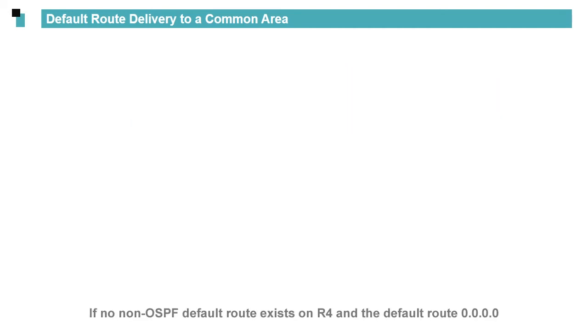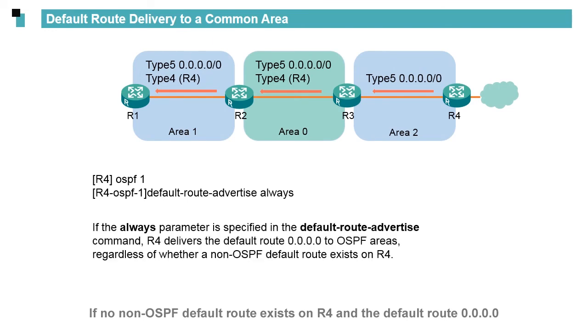If no non-OSPF default route exists on R4, and the default route 0.0.0.0 needs to be advertised to OSPF areas through a Type 5 LSA, specify the always parameter in the default route advertise command so that R4 delivers the default route 0.0.0.0 to OSPF areas, regardless of whether a non-OSPF default route exists on R4.